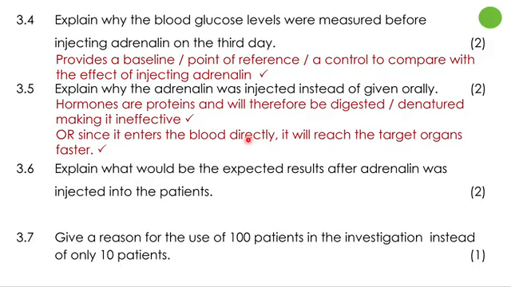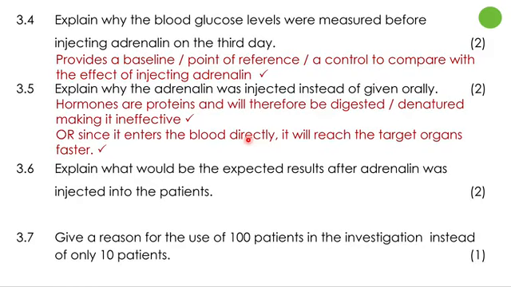If it's directly administered, I can immediately see the effect thereof. And adrenaline's effect is so short-lived that you might not see it if it's taken orally. Since it enters the blood directly, it will reach the target organs faster, so then I can immediately observe the change.